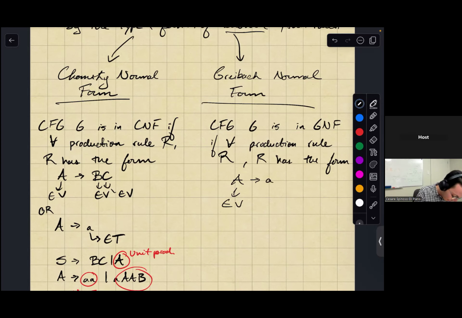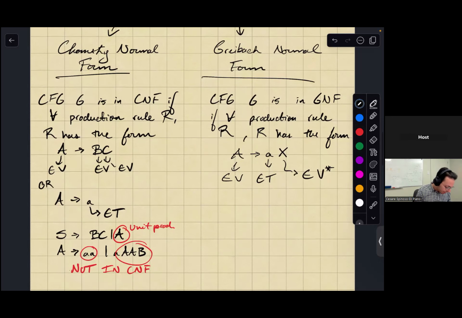And then let's just call this X. So a is just a terminal, and then X is any number of variables. So we can abuse notation a bit and say it's from the set V star, if you think of interpreting all the variables as strings and being able to concatenate them together, right?